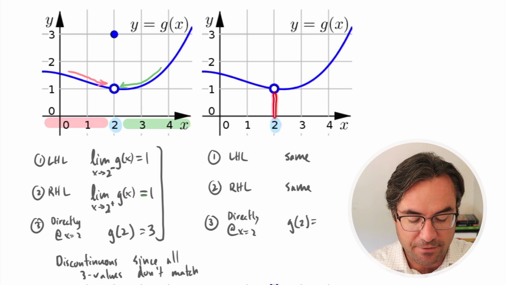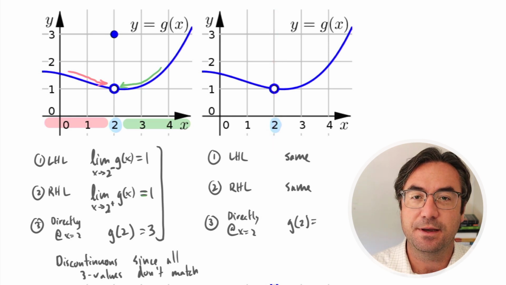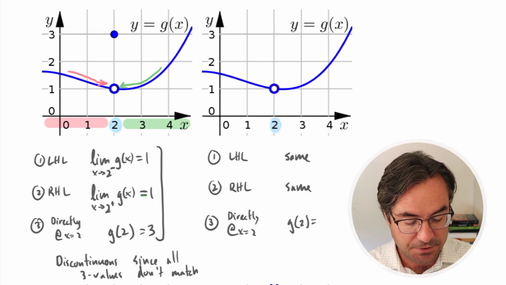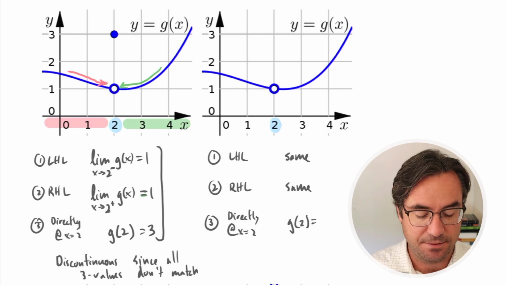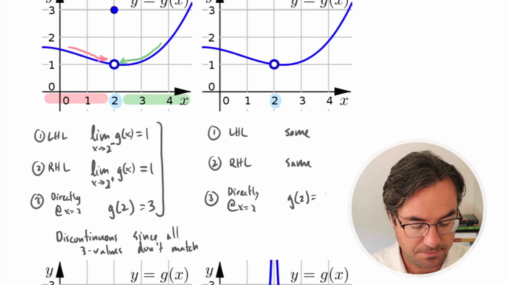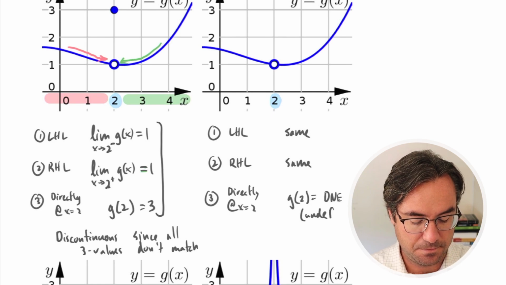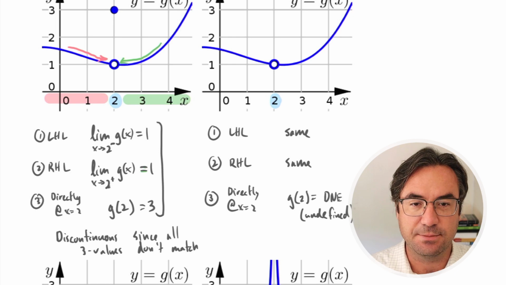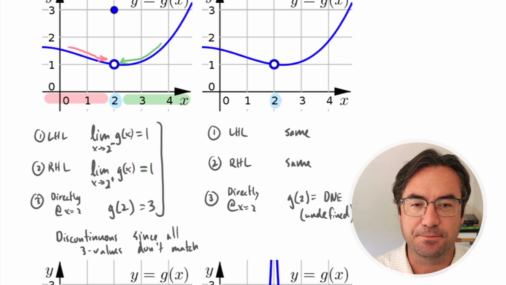That point is not part of our graph, and if we keep looking, there is no filled-in point at x equals 2. So this value we could say does not exist, it is undefined. A lot of times we abbreviate does not exist as DNE, but really it's undefined.